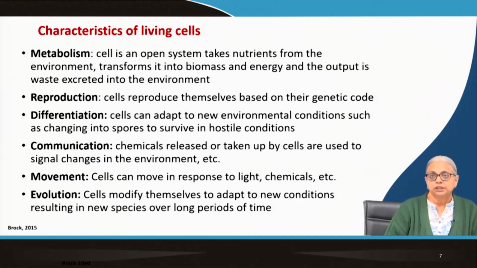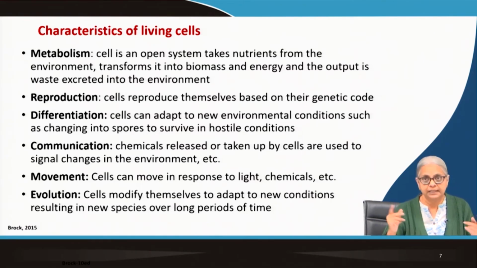How do we define whether a cell is living or non-living? The textbook that I am referring to here has 6 different characteristics that are considered to define a living cell. The first thing is metabolism. Is the cell capable of deriving both mass as well as energy for itself?